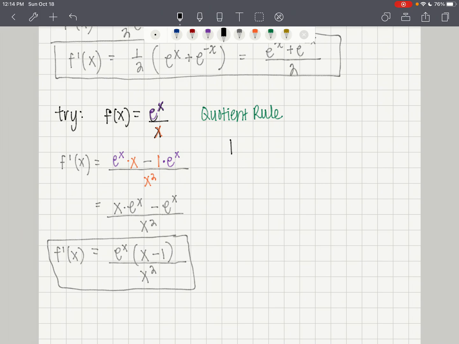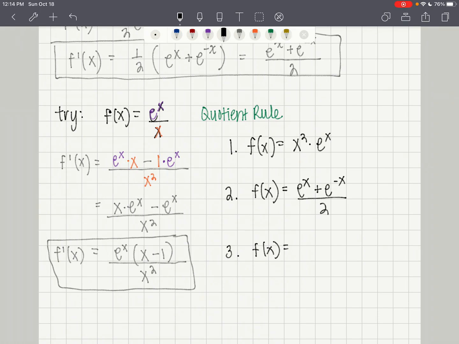Okay, let's try these. So you'll know you've got it if you can do these problems right here. Number 1, f of x equals x squared times e to the x. Number 2, f of x equals e to the x plus e to the negative x all over 2.